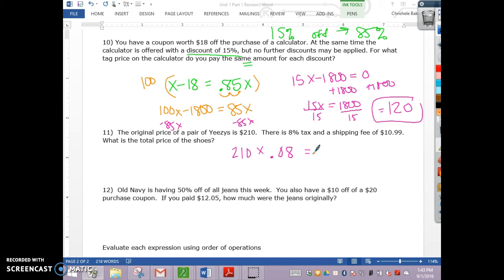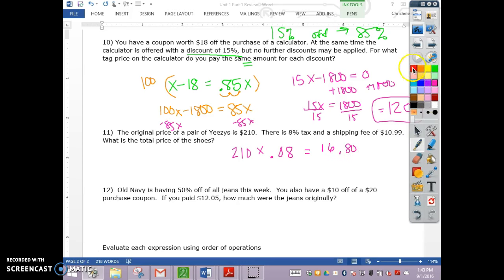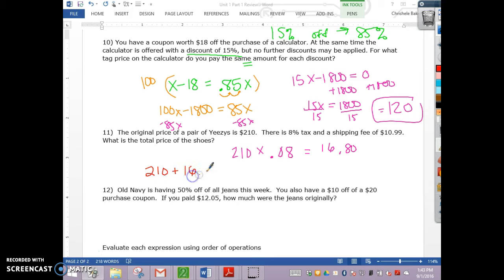So that is the tax, $16.80. So now we need to add up the price of the shoes, the tax, and the shipping. And we get $237.79.